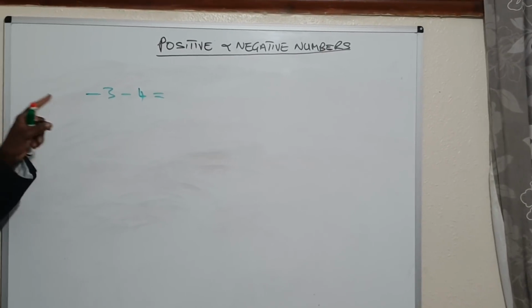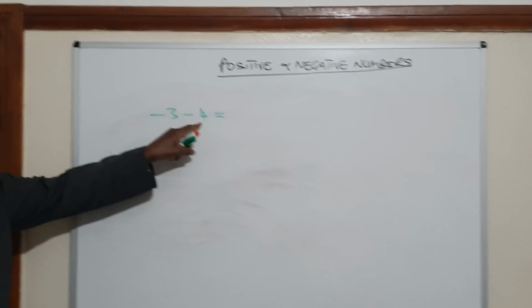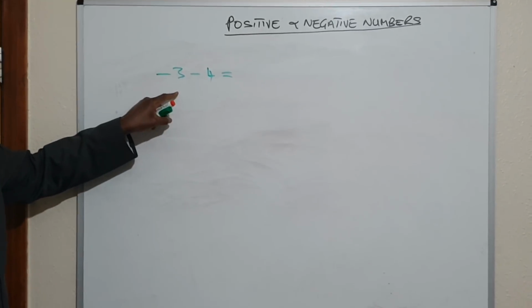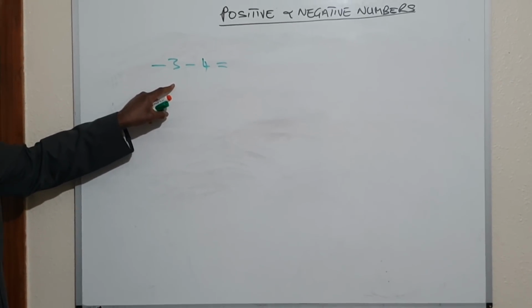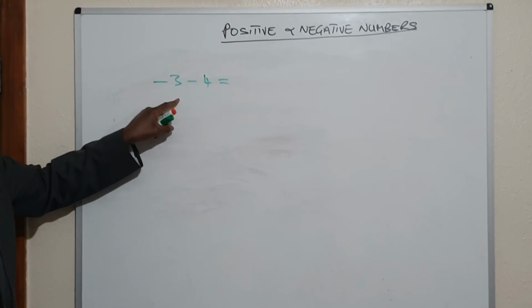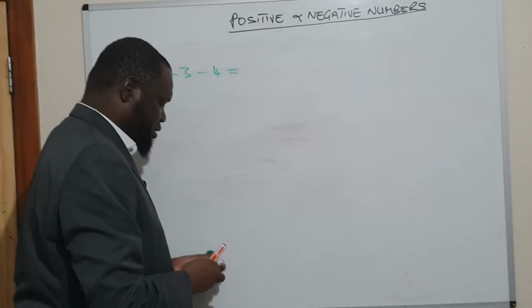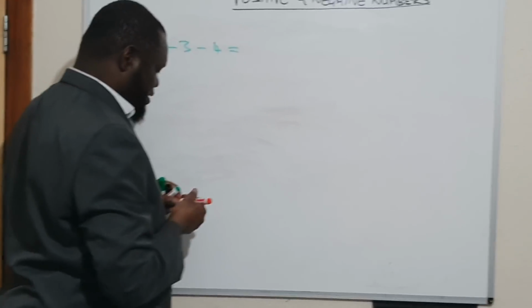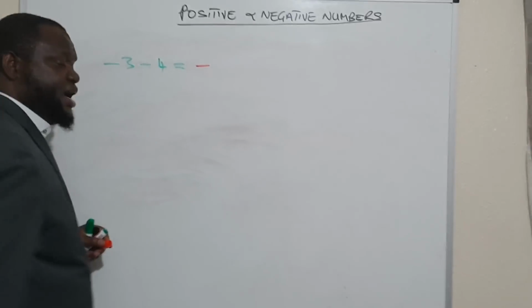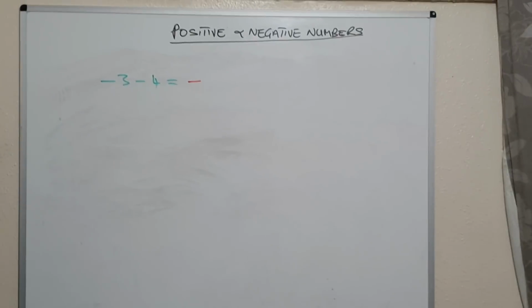Something like this, you can't use the sign of the bigger number. You cannot say the sign of the bigger number is minus, so your answer will be minus. No. Minus, minus, your answer will always be minus. So be careful of that.